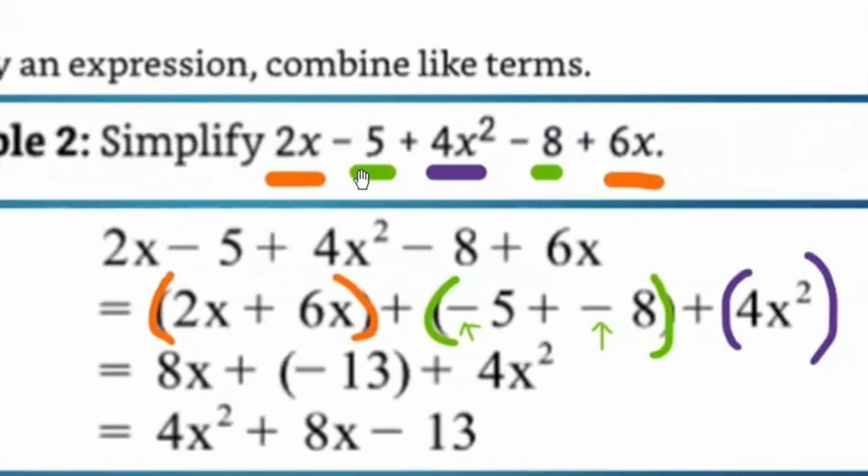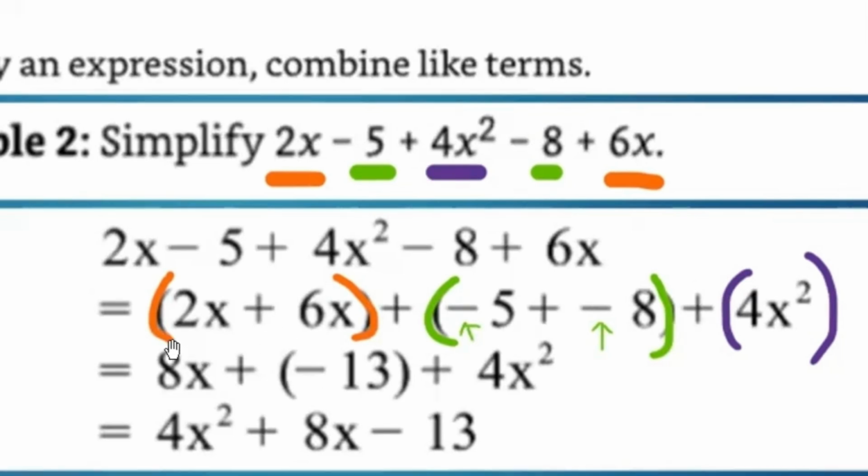What you want to do is start by grouping your like terms. In orange here are 2x and 6x, our first pair of like terms. Next, we have 5 and 8. Those are our whole numbers with no variables written next to them. So we group 5 and 8. And then 4x squared is our third term.